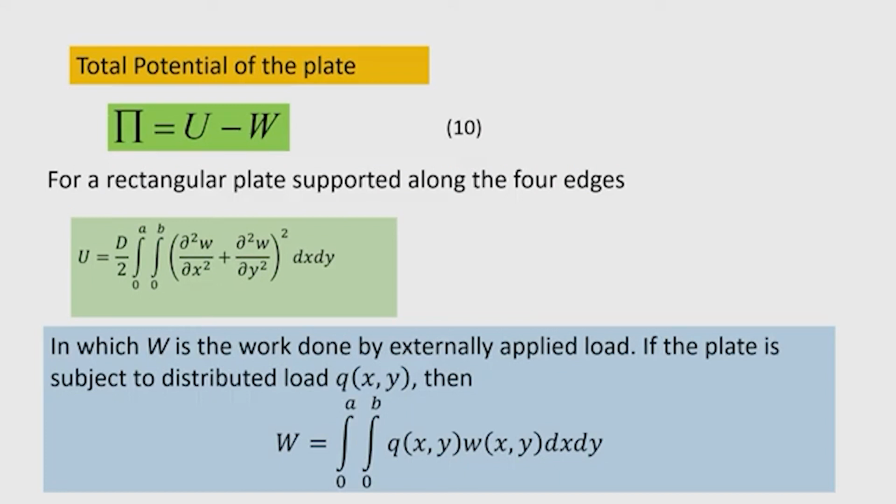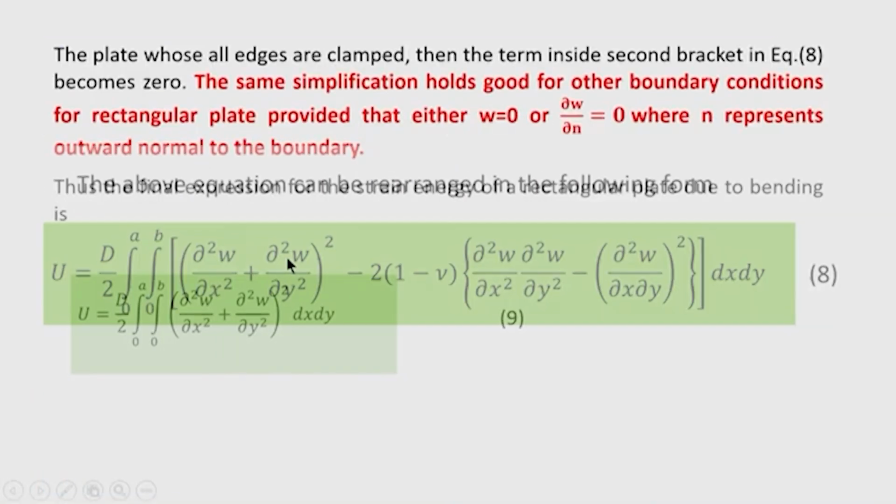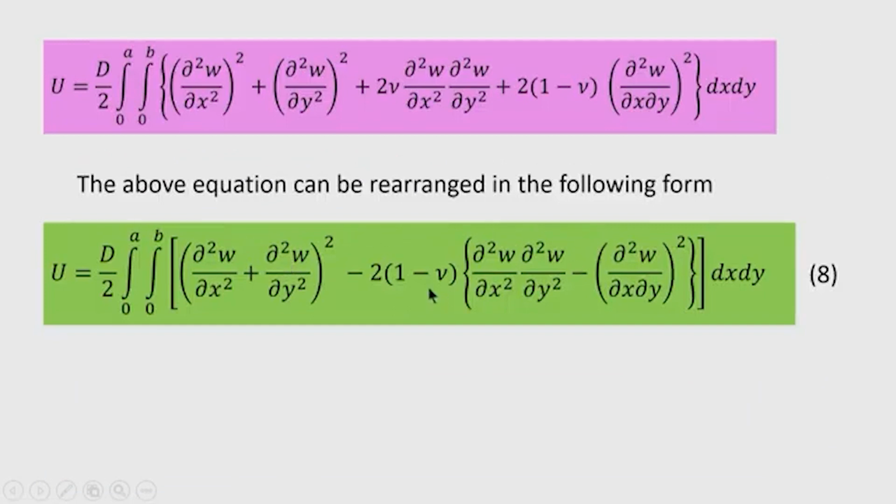Now, for a rectangular plate that is supported along the 4 edges, the strain energy expression is this. If it is not supported along the 4 edges, say for example, one edge is free, then you cannot use this expression. Then you have to use the general expression with this term containing the Poisson ratio, 1 minus mu is the factor.